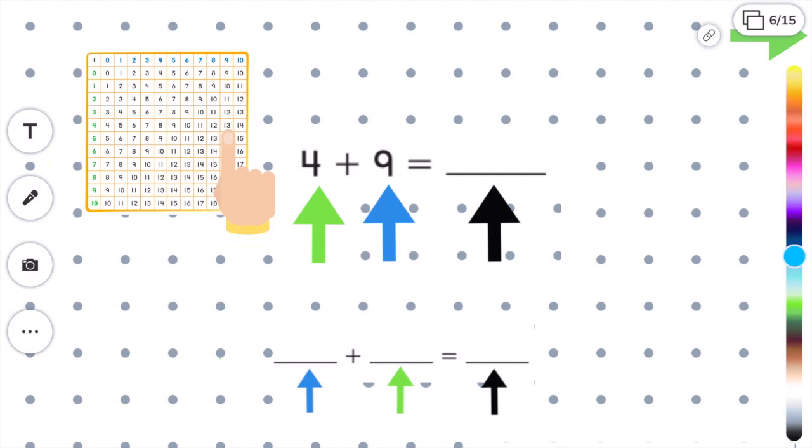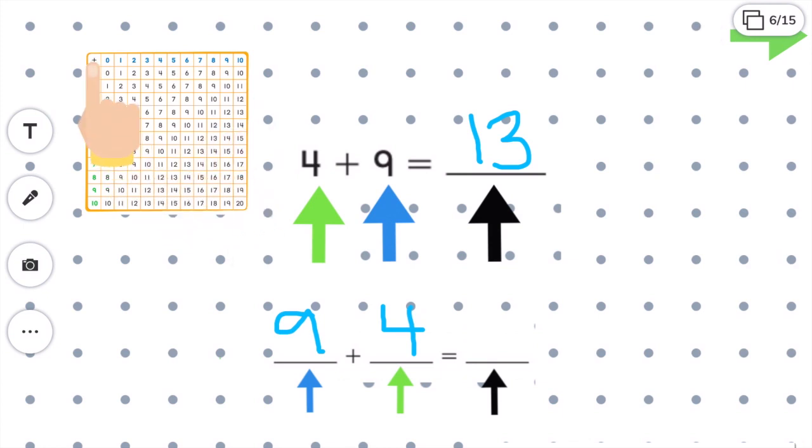So we know that 4 plus 9 is the same as 13. I wonder what is 9 plus 4 the same as? 13.